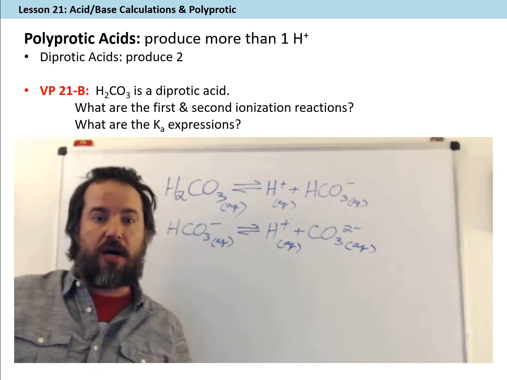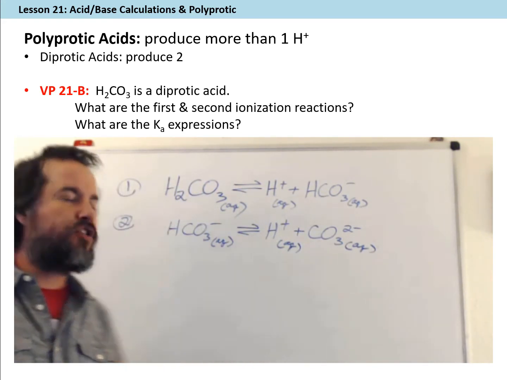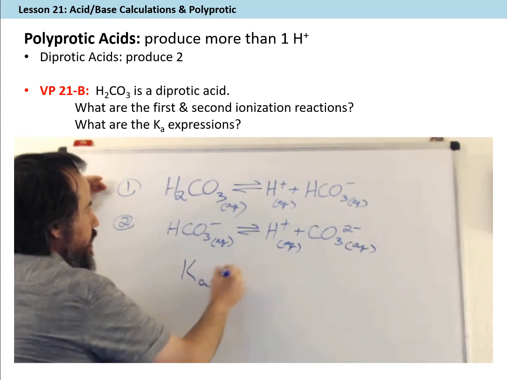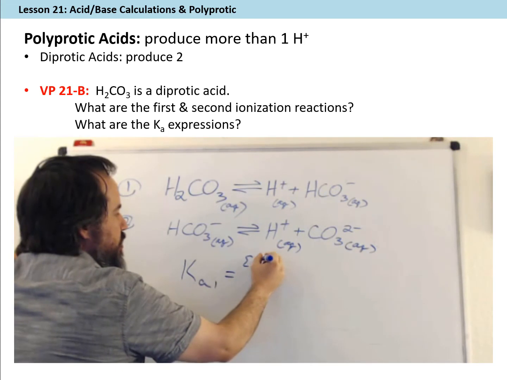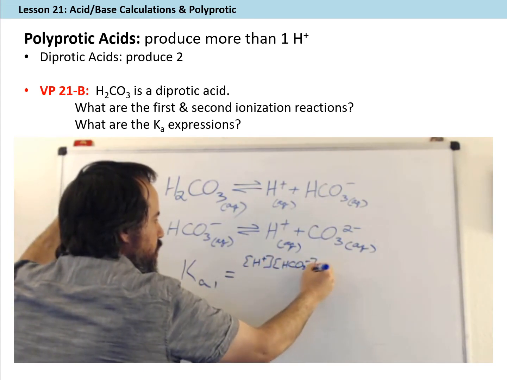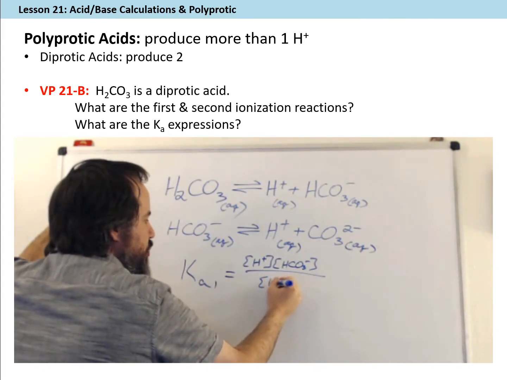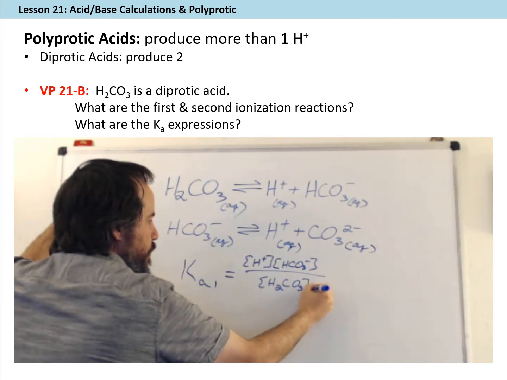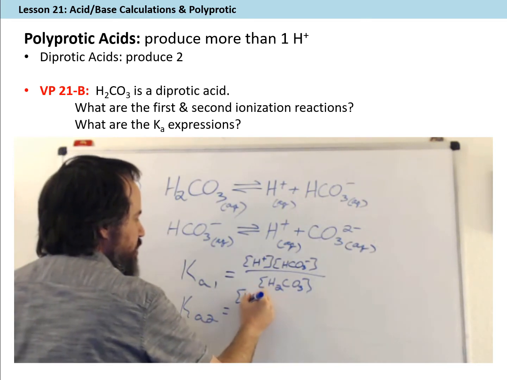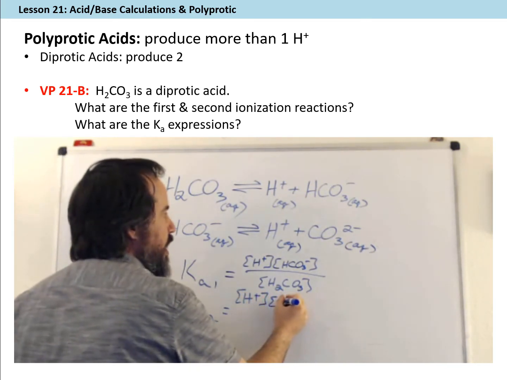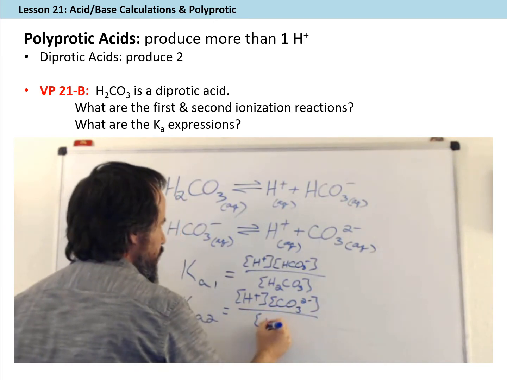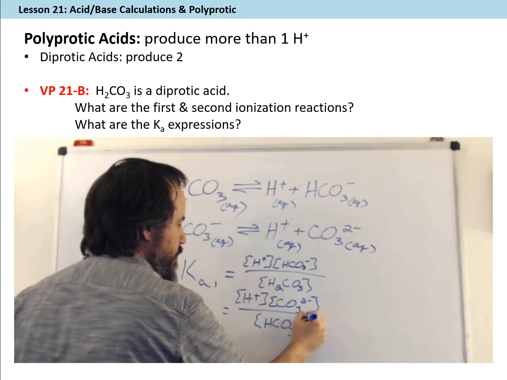The second part asks for the Ka expressions. So Ka1 will be H plus times HCO3 minus over H2CO3. And then my Ka2, which will be H plus times CO3 2 minus over HCO3 minus.